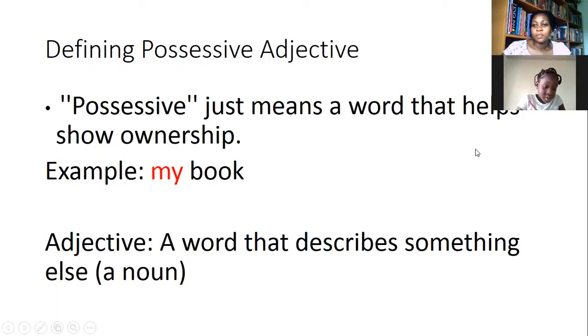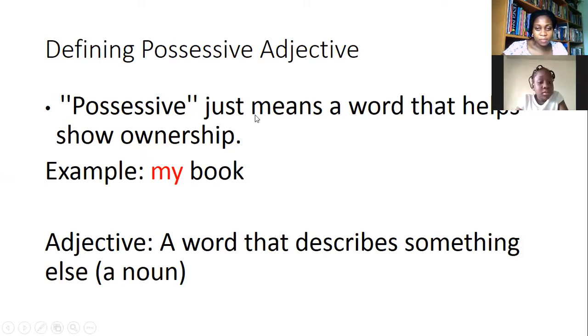Now define the term possessive adjectives. There are two words here. We have possessive and we have what? Adjective. Possessive, what does it mean? Possessive just means a word that helps show ownership. Very good.